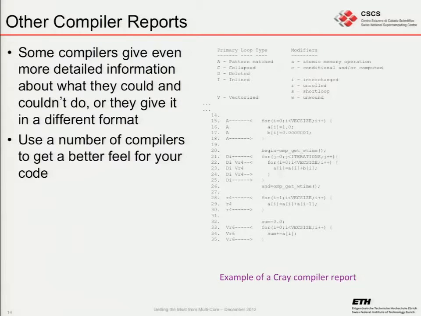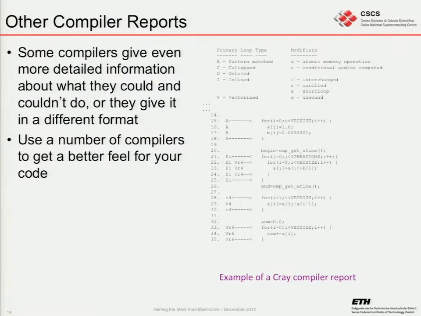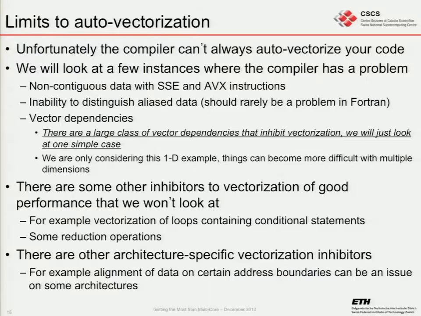So far you've seen a couple of compilers, and it's been quite useful, hopefully, to see how they do things similarly but differently. But there are some limits to auto-vectorization that we've just seen. So it can't necessarily do this. One of the things, for example, is non-contiguous data.